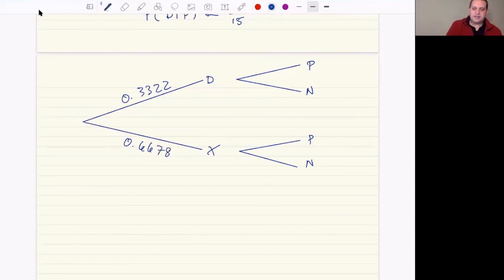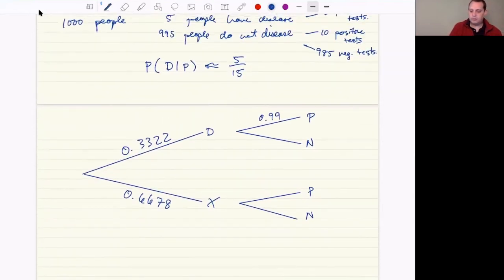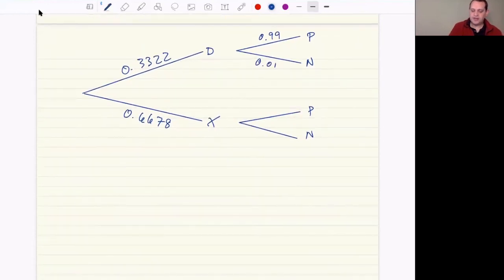And then the test is still 99% reliable. So if we have the disease, there's a 0.99 probability that we test positive and a 0.01 probability that we test negative. And likewise, if we do not have the disease, there's a 0.01 probability that we test positive and a 0.99 probability that we test negative.